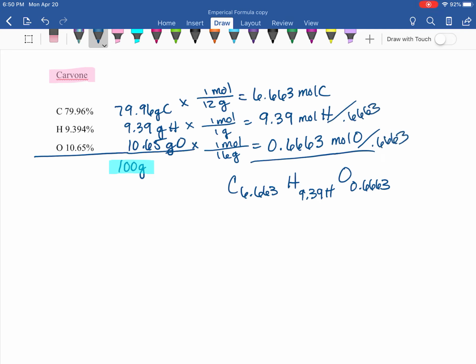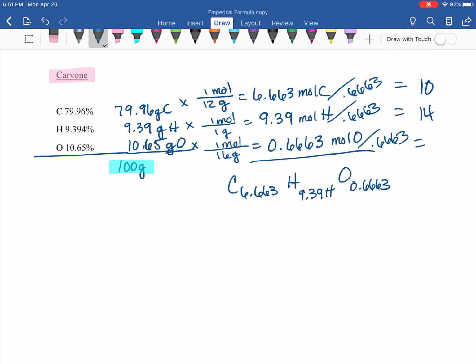So let's go ahead and do the empirical part. Let's divide by the smallest for each one of these. And let's see what we get. Okay. Holy cow, I got exactly 10 for that first one.